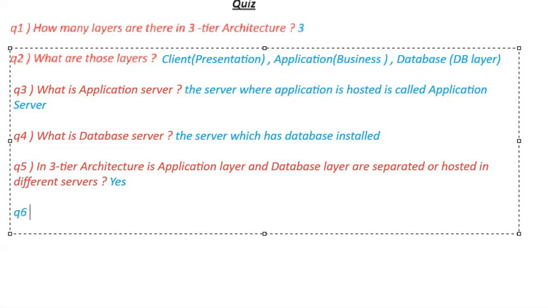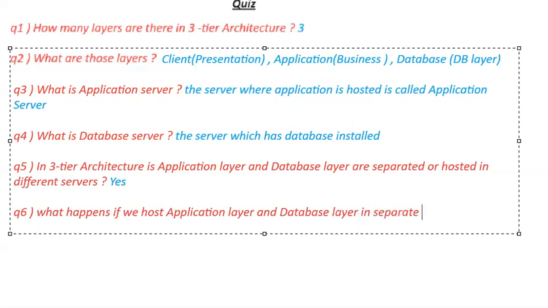Now let us move on to the sixth question. The question is, what happens if we host the application layer and the database layer in separate servers?